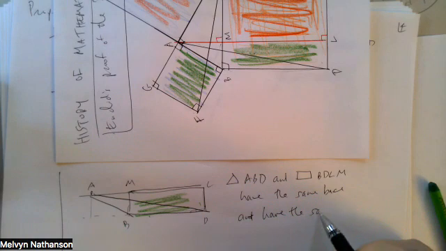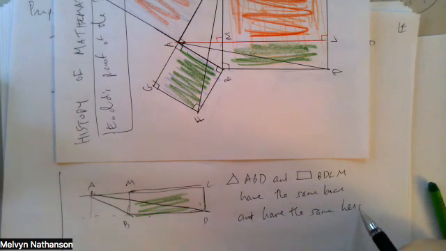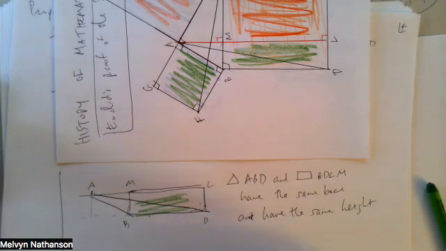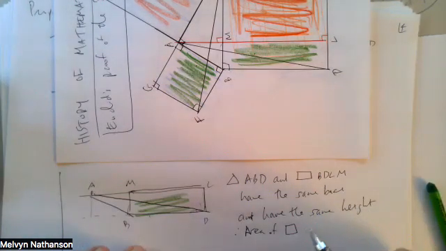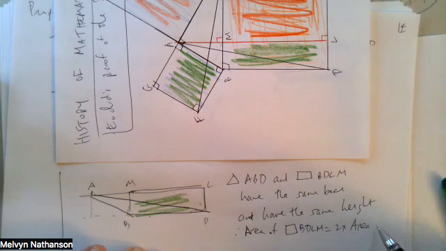So therefore, the area of this green rectangle, BDLM, is 2 times the area of the triangle ABD.